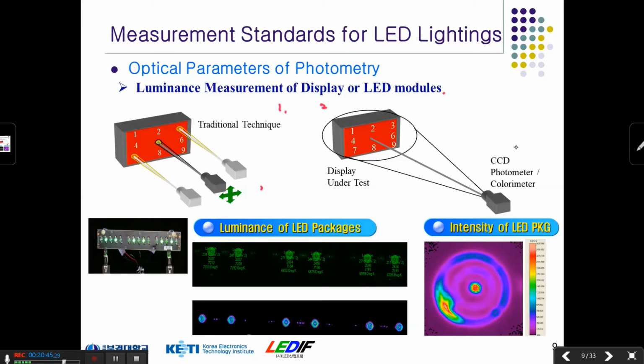The other is fixing the CCD camera and measuring 9 points. The below photos are measuring luminous intensity distribution of LED packages.